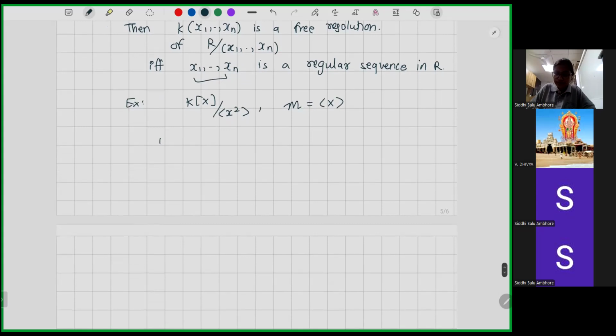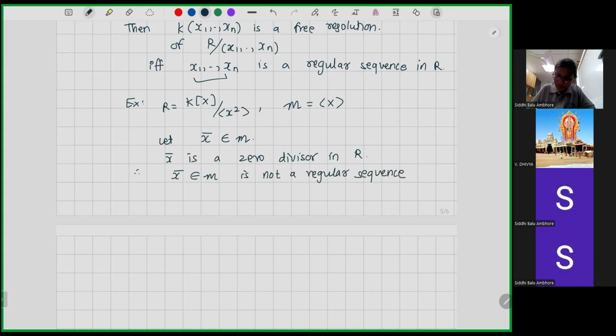Let x bar belong to this M. Then this x bar is not a regular sequence, right? Because x bar is a zero divisor in R. Therefore, x bar belonging to M is not a regular sequence.